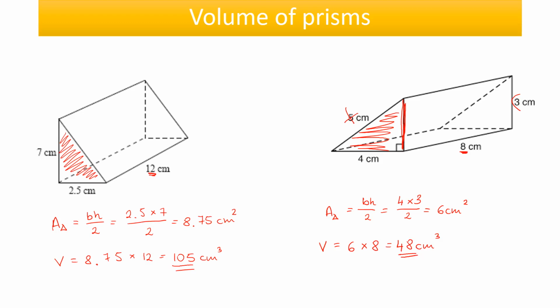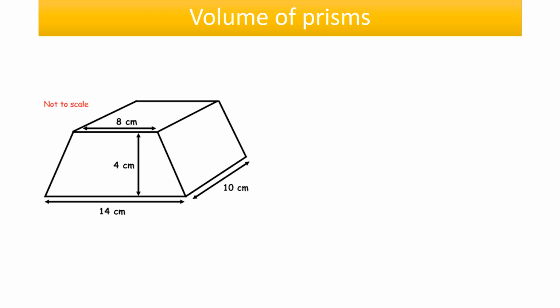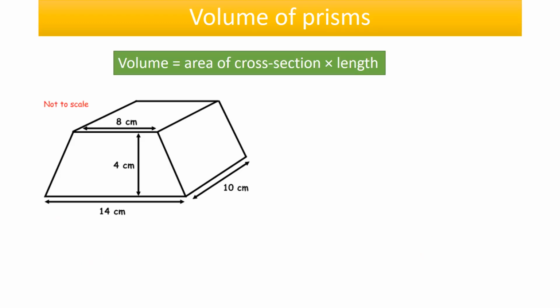And the last one, we're going to look at this shape, the cross section. Here, that's the cross section. This is a trapezium. We need to work out the area of the trapezium first. As a reminder, the formula is a plus b times height divided by 2, where a and b are the two parallel sides.